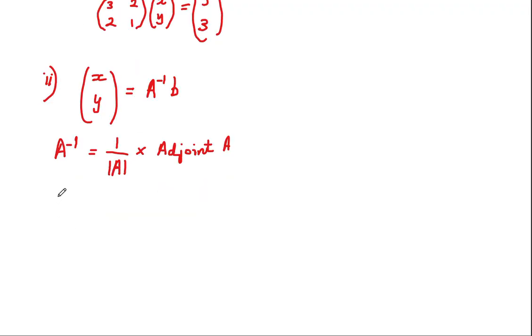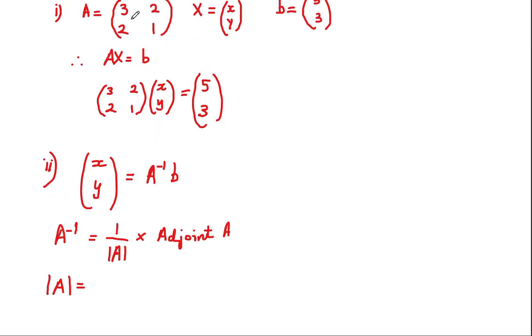Let's work those out. The determinant of A, which is written with these two strokes around it, or we could say det A, would be found by multiplying, remember A is 3, 2, 2, 1, the leading diagonal.